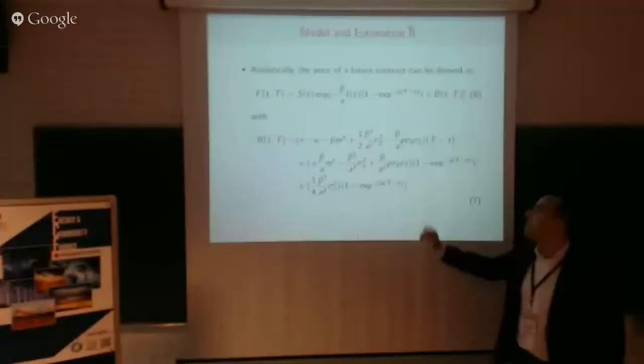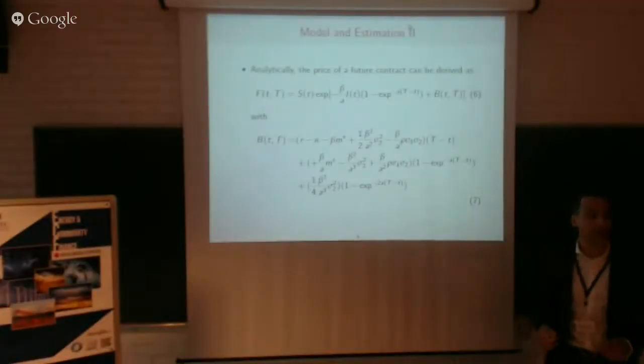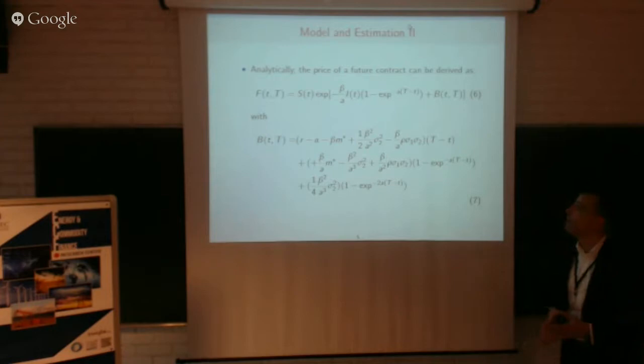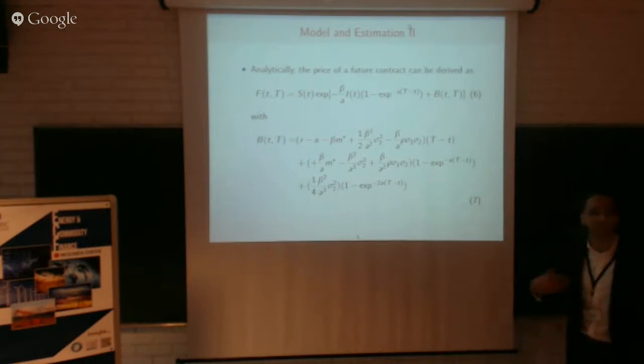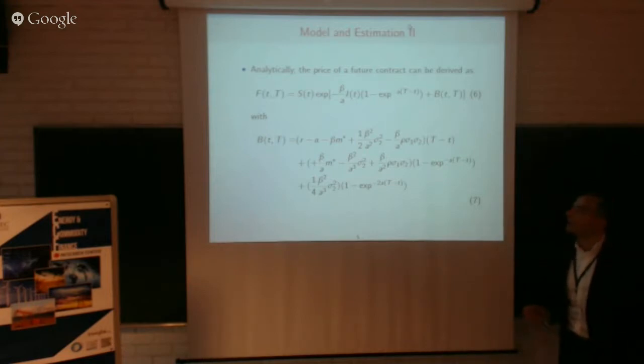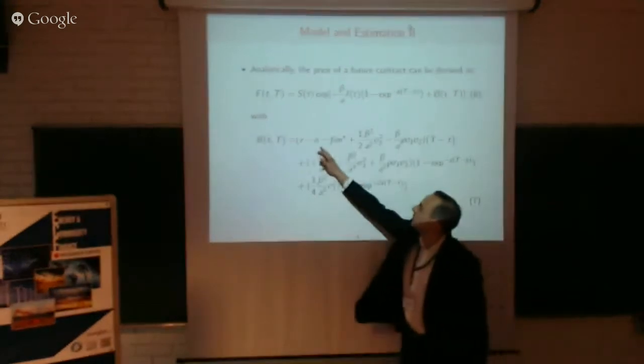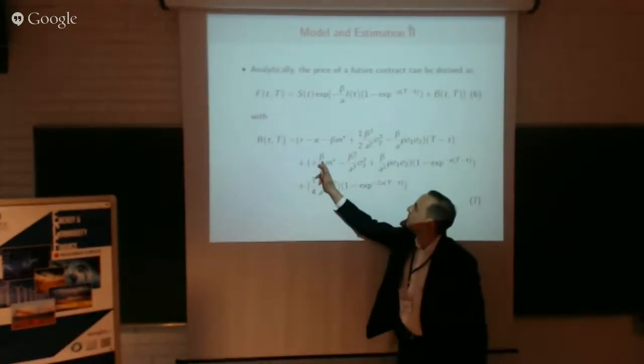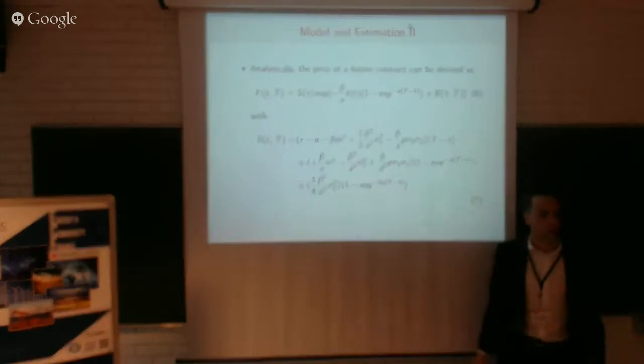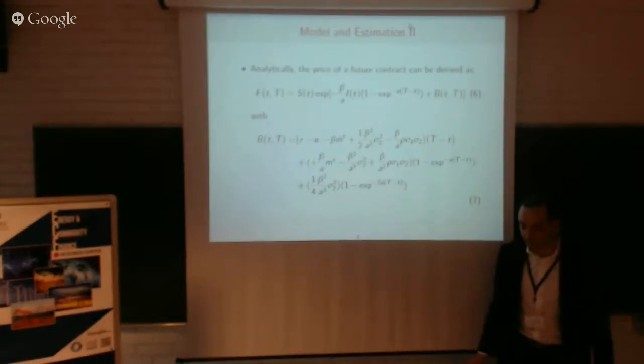This is a bit more only for information. It's about the pricing equation we have derived for that kind of term structure model. And of course, you see that we have these alpha and beta factors. They are in the future price, so they are reflected.